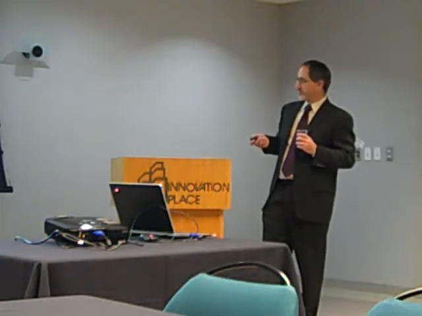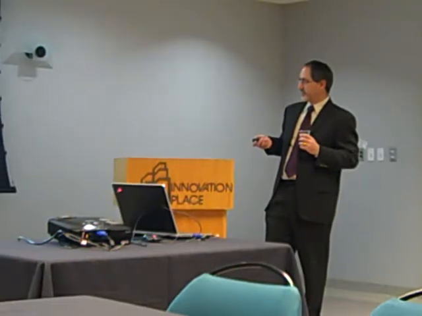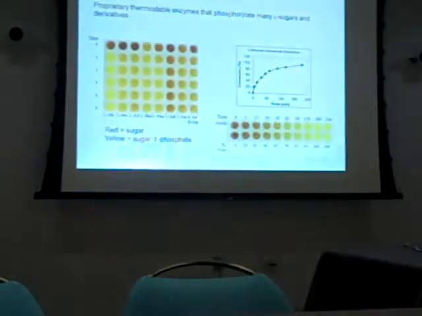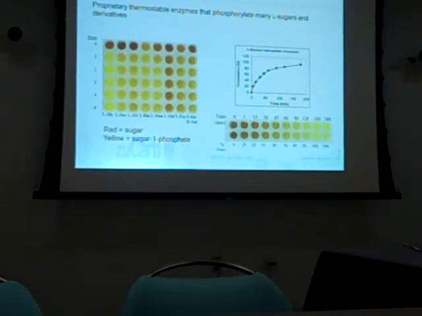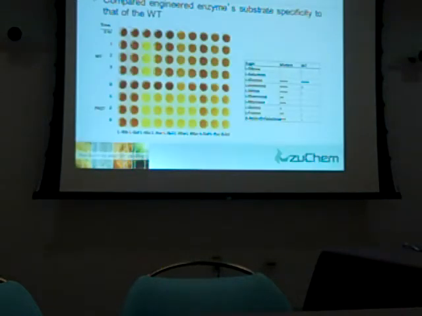We have different sugars down here, and this enzyme works on a whole variety of sugars, and we can very rapidly make sugar 1-phosphates from a number of different rare and non-rare sugars. These are not available, but they're an essential building block for making these activated sugars.